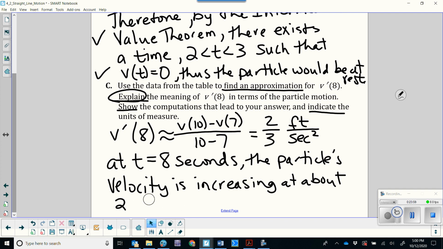Actually, I probably would just write 2/3 feet per second squared. Okay, so that's what it means.